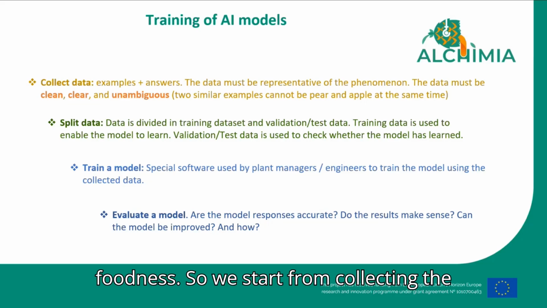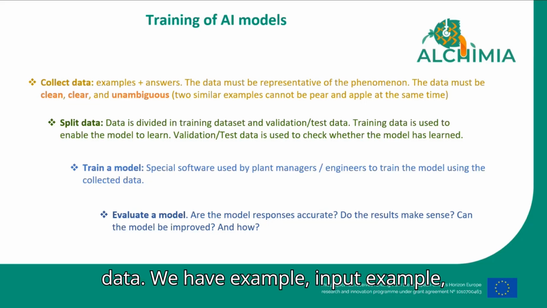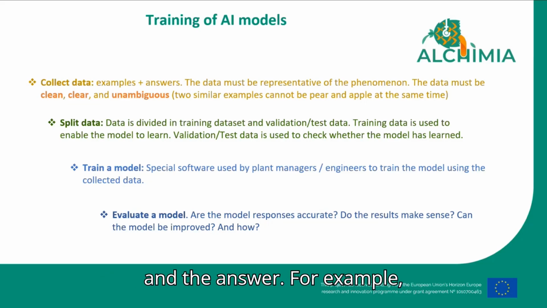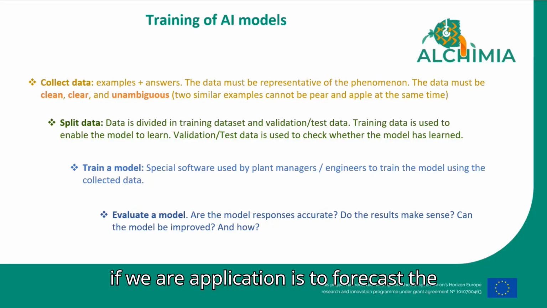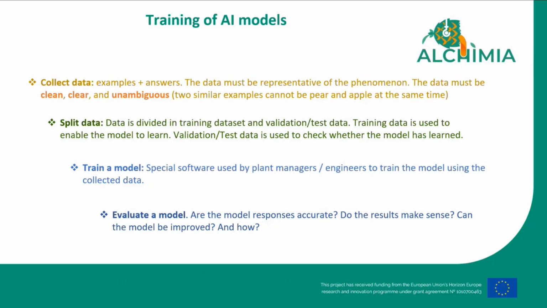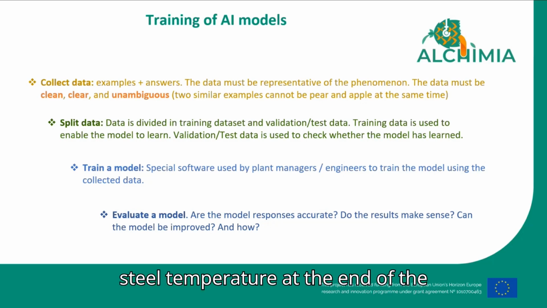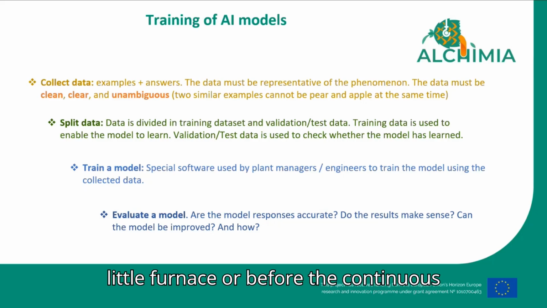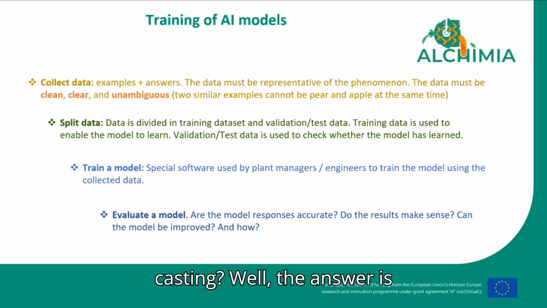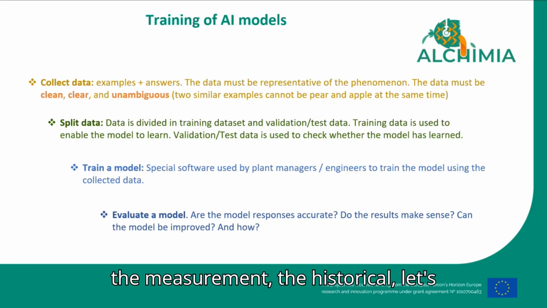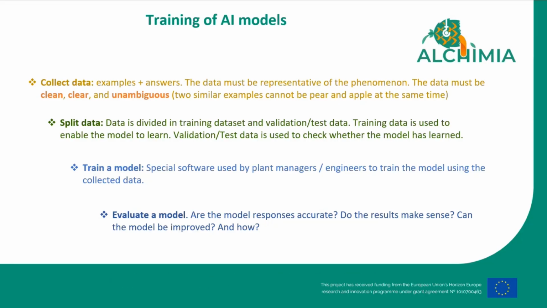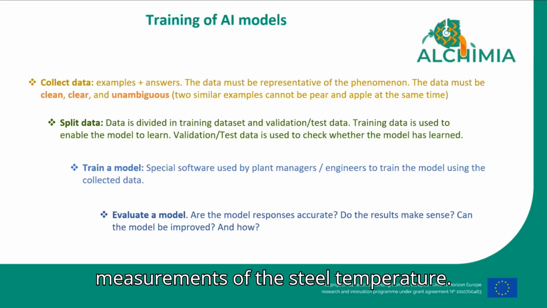So we start by collecting the data. We have example inputs, and the answer. For example, if our application is to forecast the final steel temperature at the end of the ladle furnace, or before the continuous casting, the answer is the historical data related to the measurements of the steel temperature.